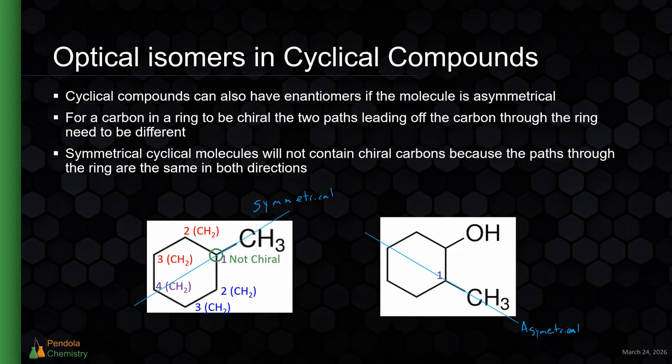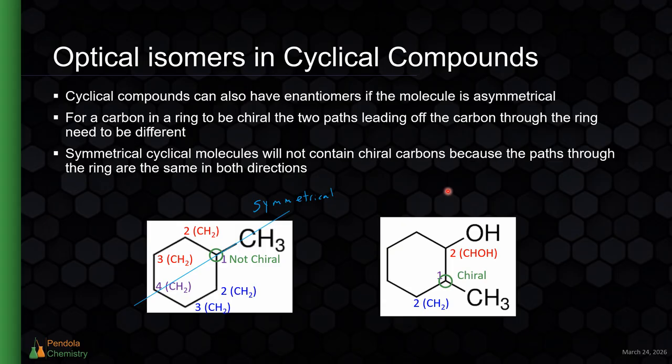However, we can still look at whether the paths are the same. If we look at this, we have a CH3 and an H here, and then the first carbon out from that carbon has a CH2 on one side, but a CHOH on the other, meaning that this carbon is chiral because the paths are not symmetrical.